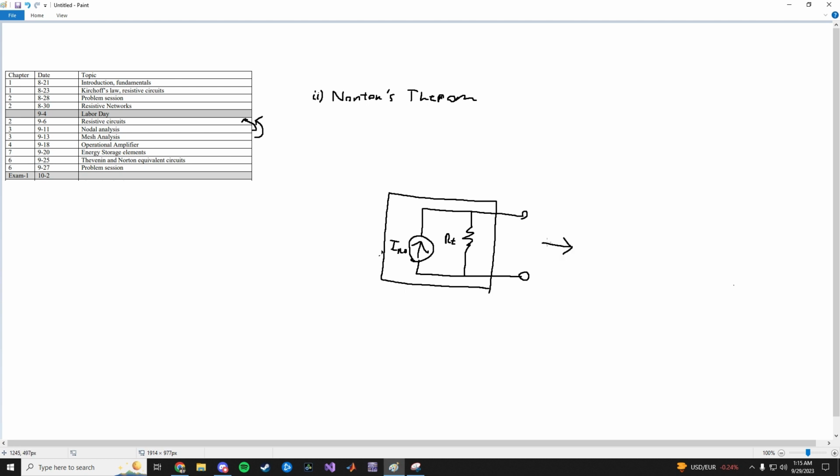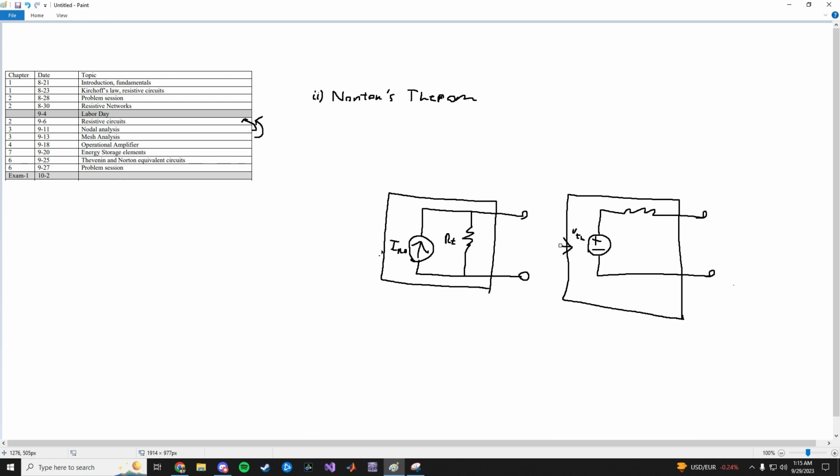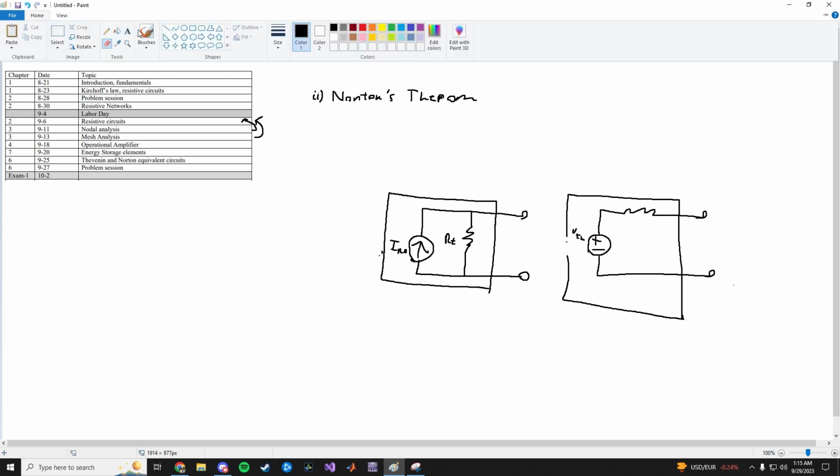And say I want to go in between the two, like this: V Thevenin and RTH. Then this is inside of a black box. Let's draw that arrow better. So what do you think you would do if you had to go in between them?